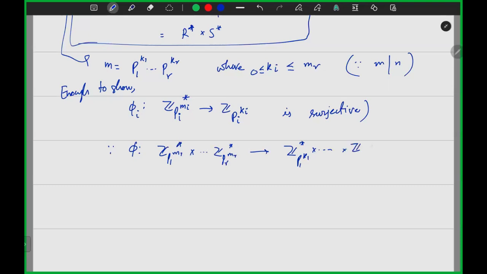This cross means component wise. Okay, I get it.